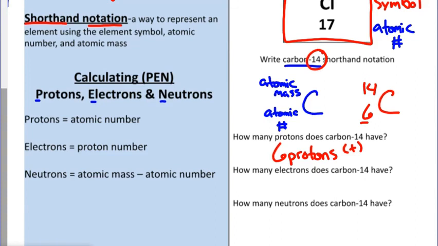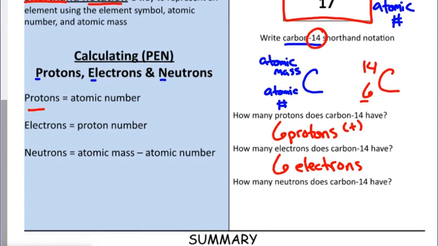So at this stage in the game, we're going to say if there's 6 protons, there have to be 6 electrons.